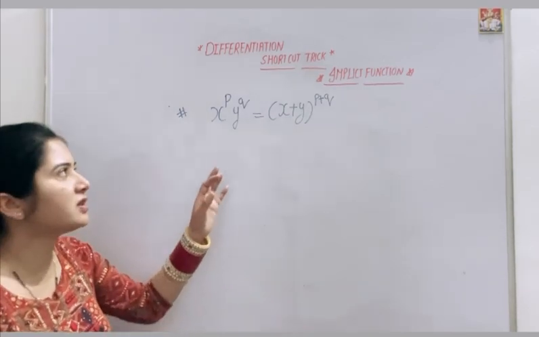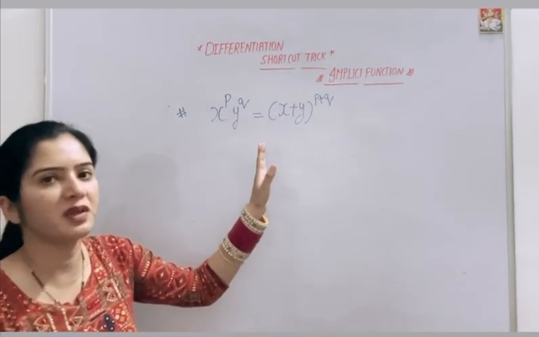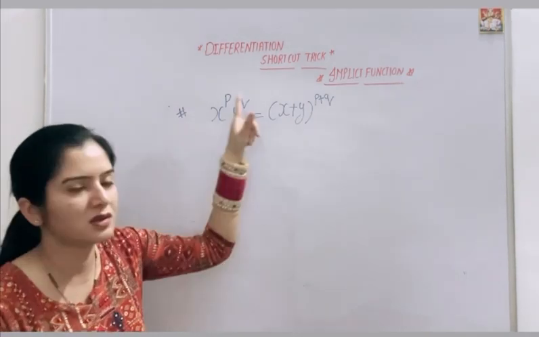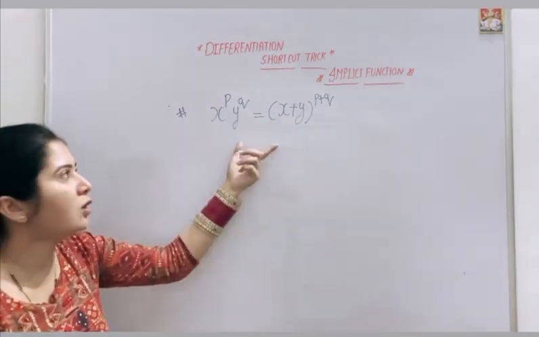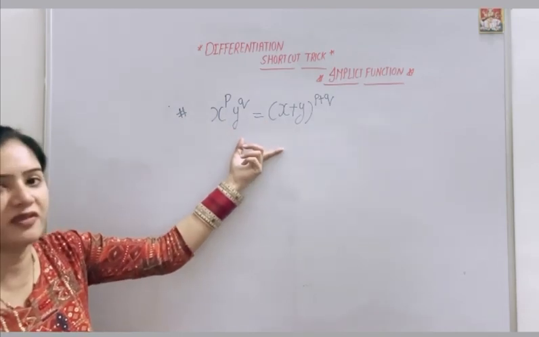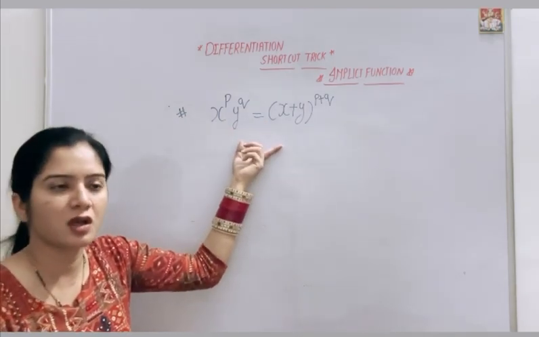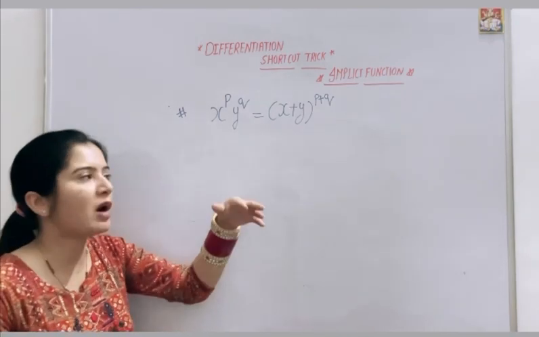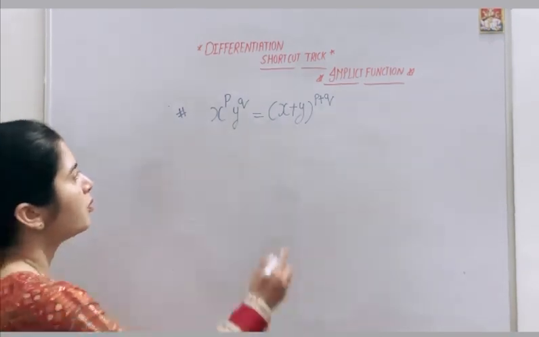The questions we did previously were simplified implicit functions. You can see in the previous questions there was no power, they were simplified. Now this is a non-simplified implicit function. So first we have to simplify it by the conventional method. How to do it? By taking log on both sides.